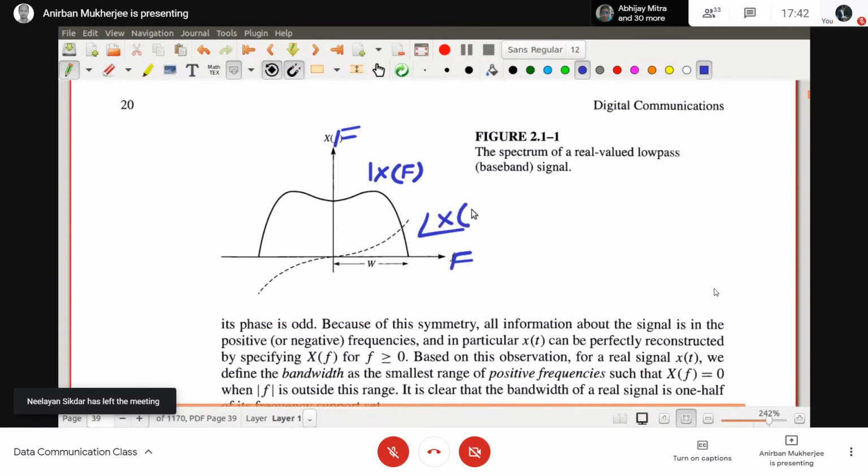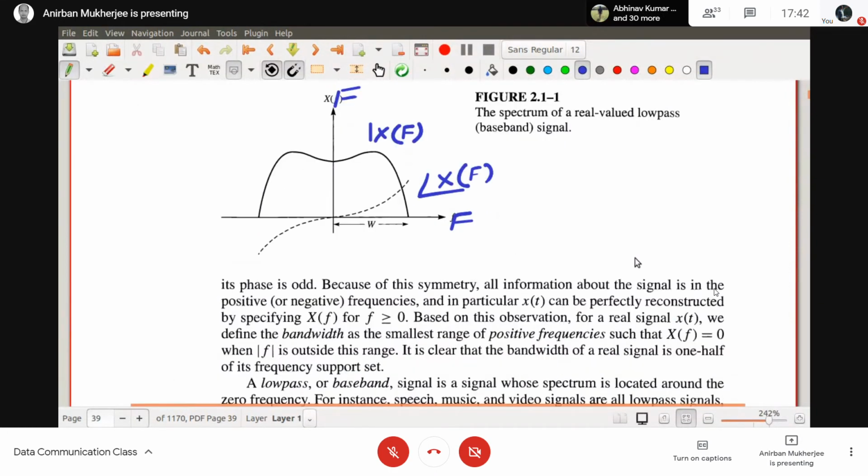But generally this type of leading phase people don't do. Anyway, they have taken a very hypothetical case. So this is an odd function and this is an even function. This is for real signals.